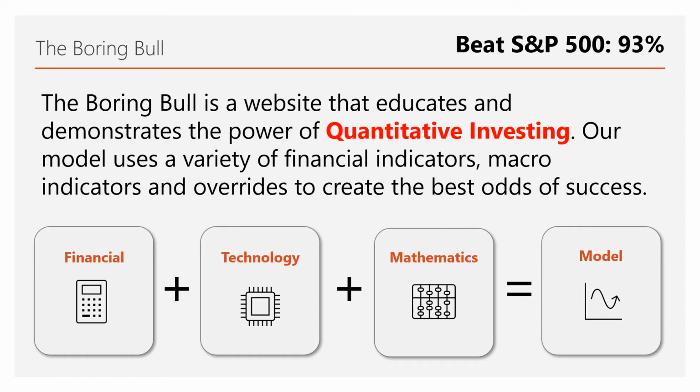We add to that technology. Now, it could be computers, it can be cloud computers, it can be simple models, or advanced like machine learning, simple algorithms. Math is the third box. Again, that's where it could be a moving average.